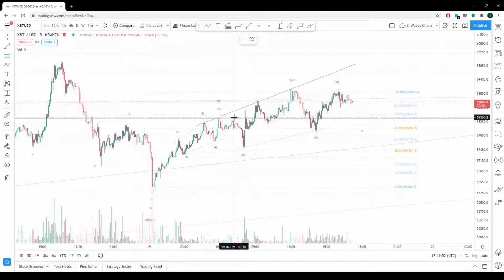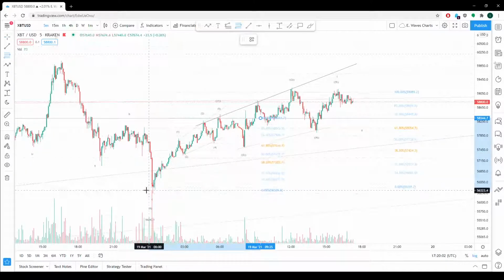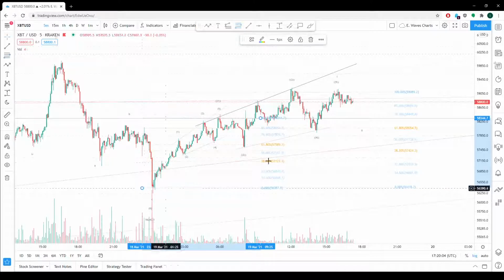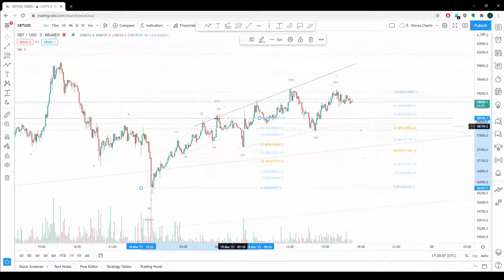So we do a retracement tool from the top of wave 1 to the bottom of wave 1. We can see that wave 2 retraced to about between the 61.8 and the 50% of wave 1. So we can use the same idea to get a target for this wave 2.